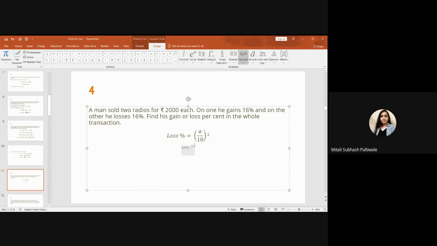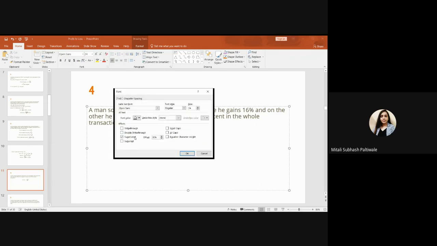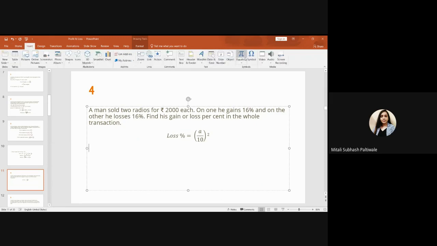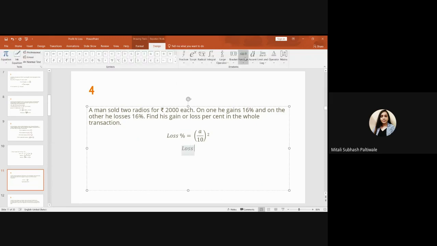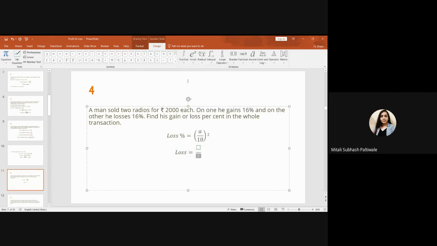Loss is equal to, I would be writing directly, this would be 100 and this would be 256, as is the square of 16, which is equal to 2.56.